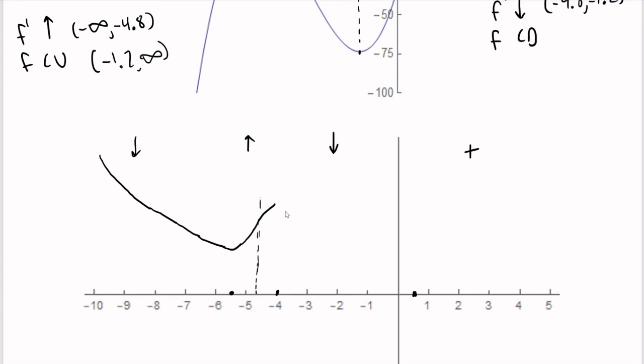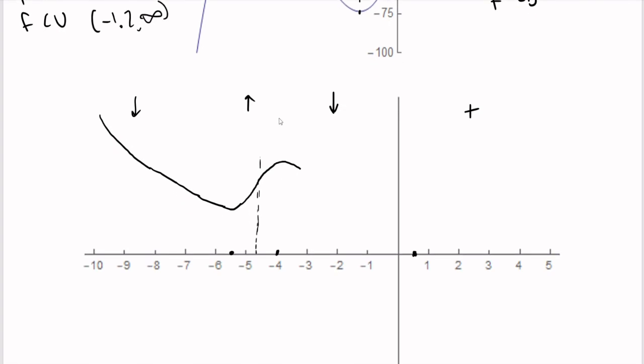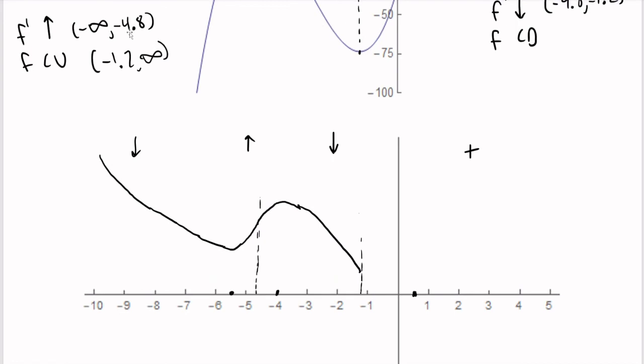Then I hit this point, and now I'm decreasing, and I'm going to be concave down until negative 1.2, which we'll call about here. So here I go, decreasing, concave down. I hit this, and I'm supposed to now switch to concave up. I'm concave up, and I hit this point, and now I'm supposed to start increasing and concave up. And there we go.